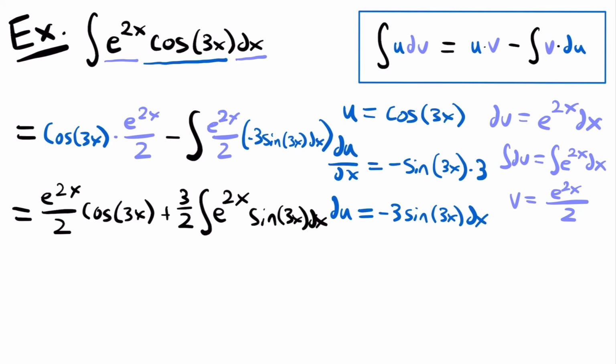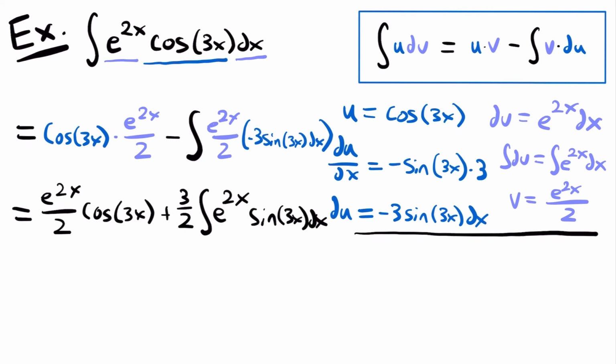However, if we use integration by parts again on this integral, something pretty cool is going to happen. So what we're going to want to do here is pick a new u and a new dv for this integral, and I'm going to choose u to be the trig function again and set dv equal to the exponential function just to be consistent. And so if we do that, I'm just going to separate our previous u and v from our new ones.